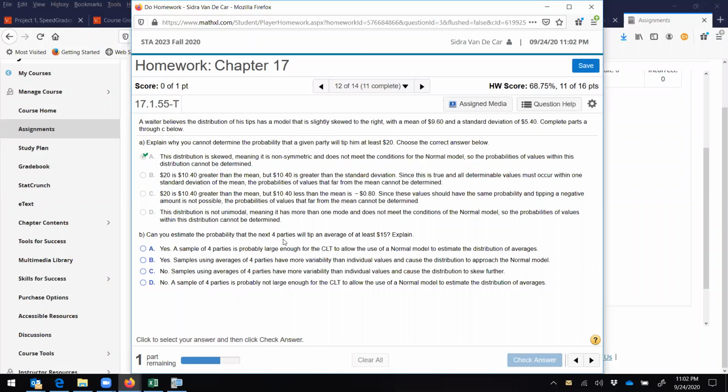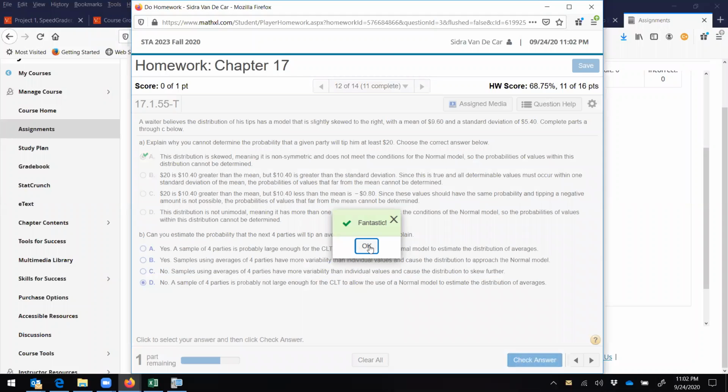Can you estimate the probability that the next 4 parties will tip an average of at least 15? No, because if it's skewed data, 4 is not big enough for the central limit theorem, right? We got to be close to 30 for that.